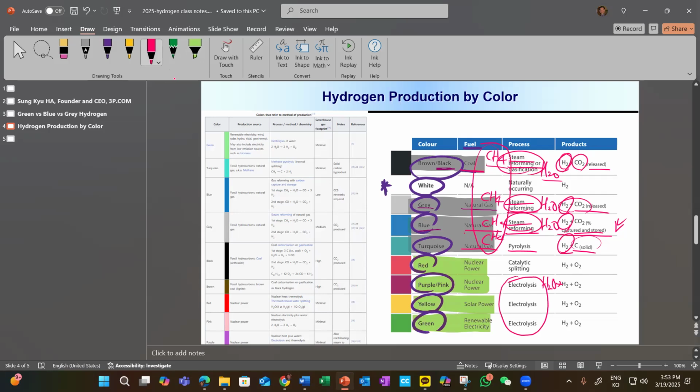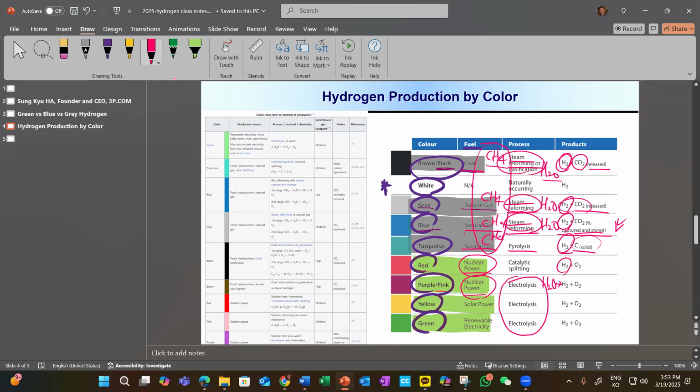And this is nuclear, the same nuclear power here, but catalytic splitting means that H2O just splits into H2 and O2, but we have the same concept, red and pink, in terms of a nuclear power source.